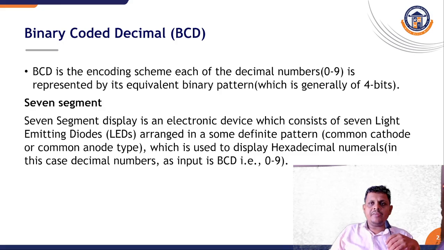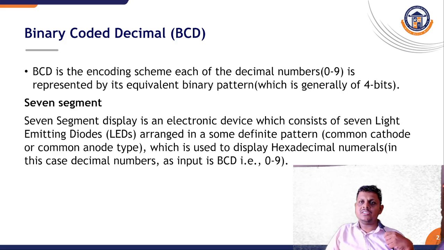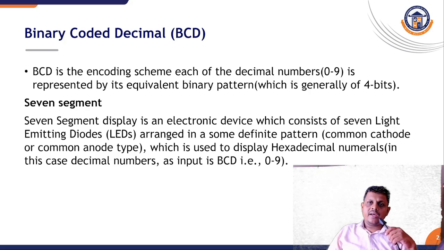They are 4 bit binary values. And what is meant by 7 segment display? A 7 segment display is an electronic device which consists of 7 light emitting diodes arranged in a definite pattern, of common cathode or common anode type. It is used to display hexadecimal numerals, and in the case of decimal numbers, the input is BCD, that is 0 to 9.